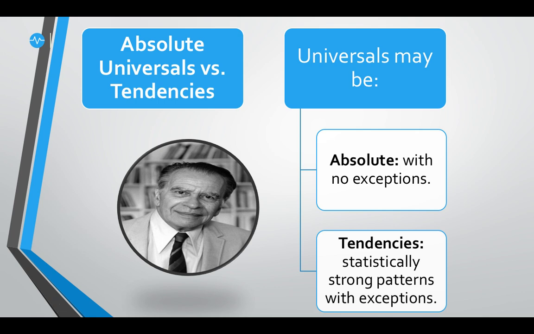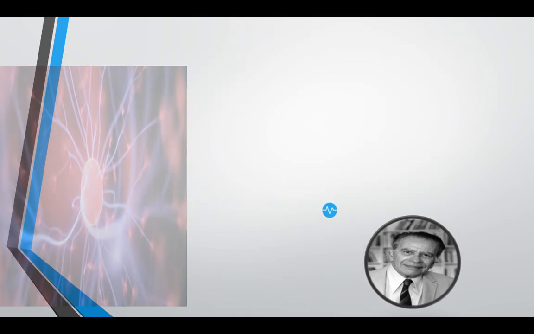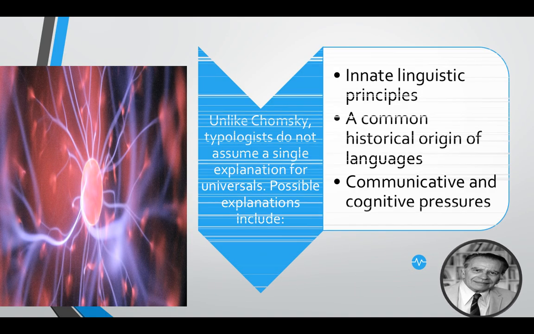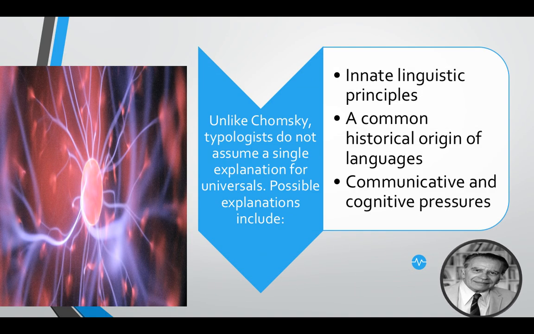So the absolute explains the rules that have no exceptions. It is the opposite of tendencies, which are statistically strong patterns with some exceptions, as we said, the plural rule, for example. Moving to talk about the explanation for the typological universals.